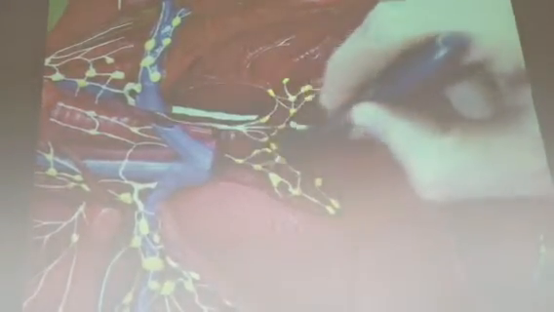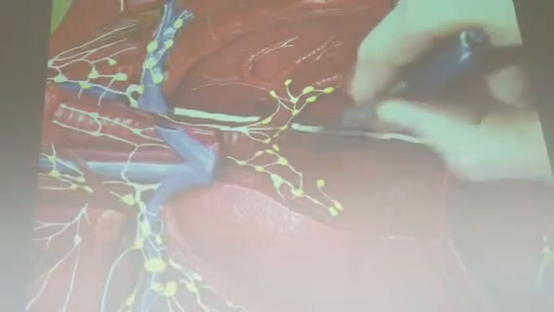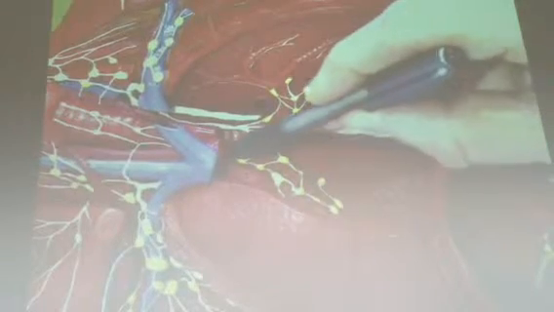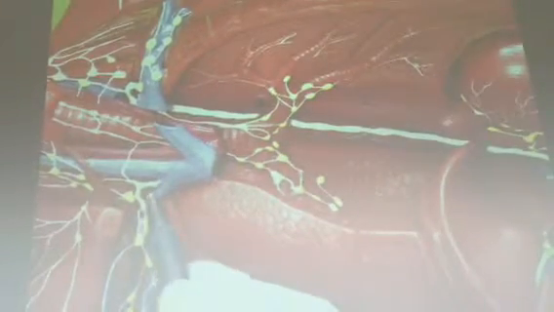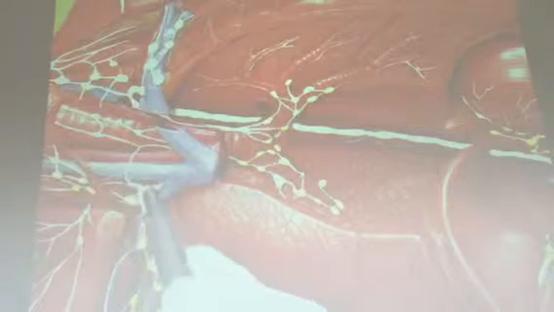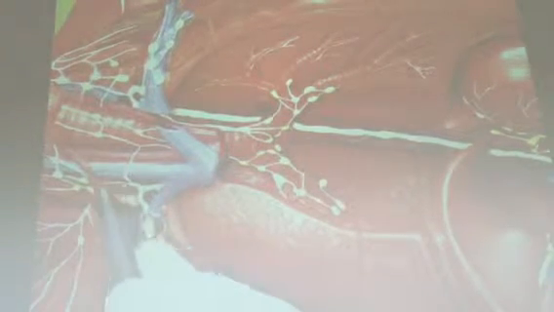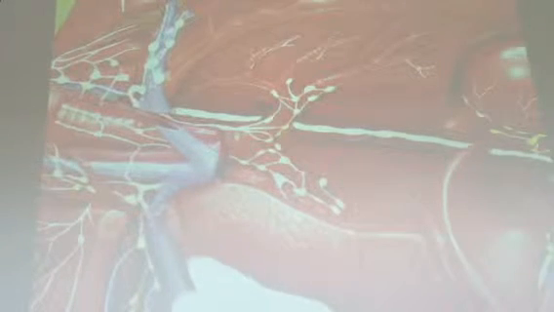It's basically draining lymph nodes that are around the bronchi and in the mediastinum. Okay, so that's the right bronchomediastinal trunk. It's dumping in there. So here is your right lymphatic duct, and you have the right bronchomediastinal trunk coming in, you have the right jugular trunk, and you have the right subclavian trunk, all emptying in there.